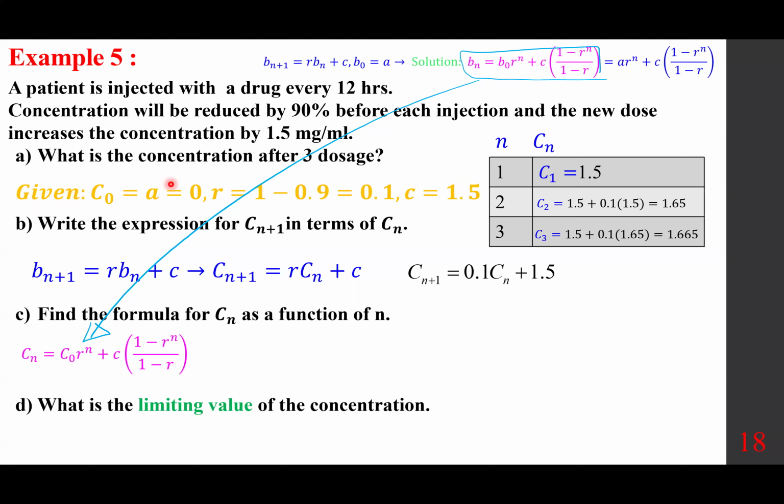Replace the C sub 0 or A with 0, and lowercase c with 1.5. We are going to work on this and simplify it.